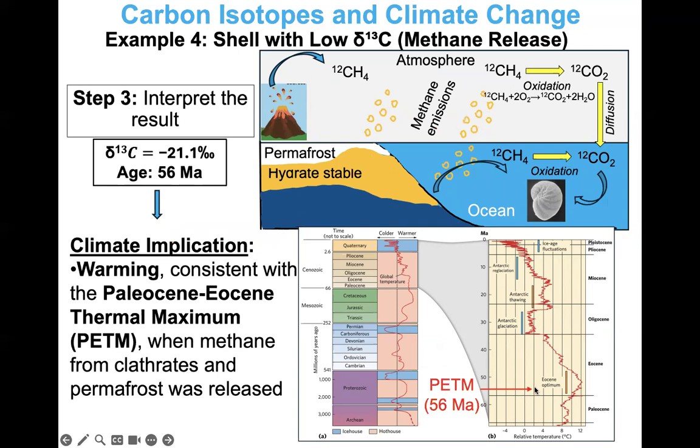It's called the Paleocene-Eocene Thermal Maximum right here, and that's caused by both the volcanic eruption that released CO2, sometimes also CH4, but also the fact that this hydrate melts and releases CH4. The release of CH4 will cause high temperature.